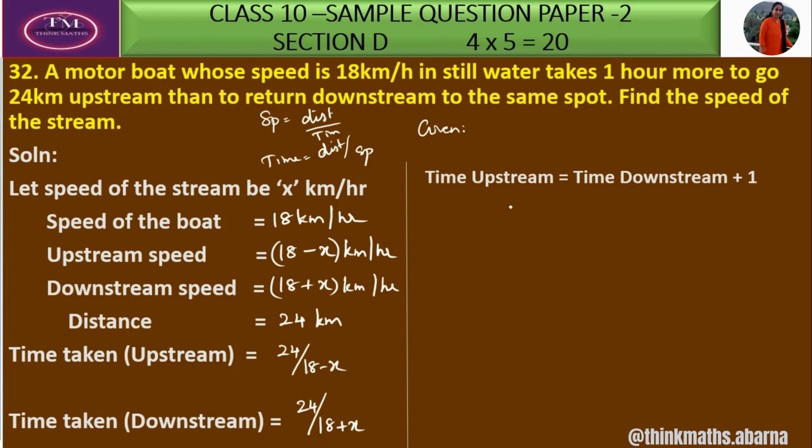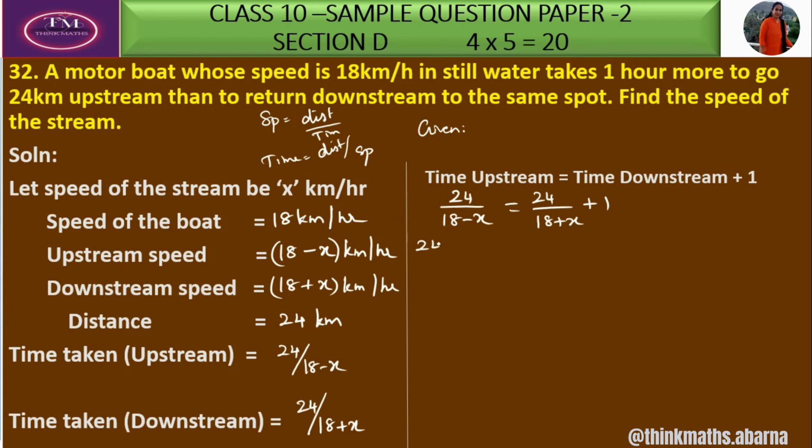The upstream time is 24 divided by 18 minus x, equal to the downstream time, 24 divided by 18 plus x, plus 1. Now we have to solve this equation. If we solve, we will get the value of x, which is the speed of the stream. Okay children, do you understand? So let us start the solution.